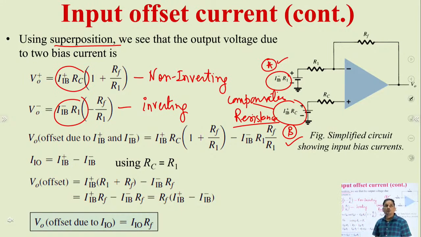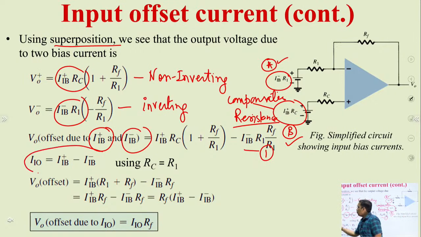So the overall offset V0 is due to the input bias current positive and the input bias current negative. We get this particular equation, let's say equation number 1. Now the input offset current IIO is nothing but the difference of the bias currents of the operational amplifier.